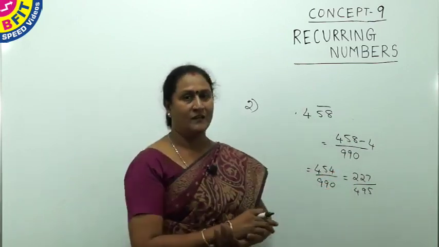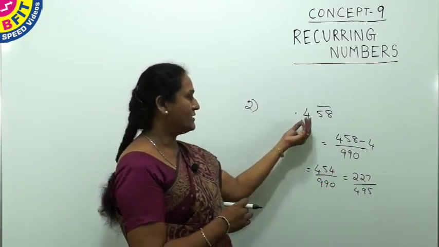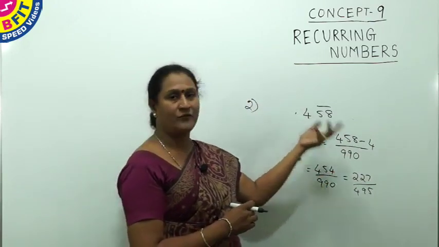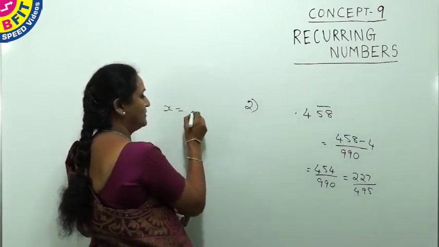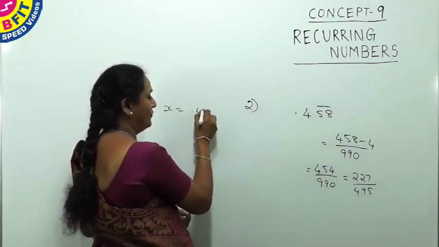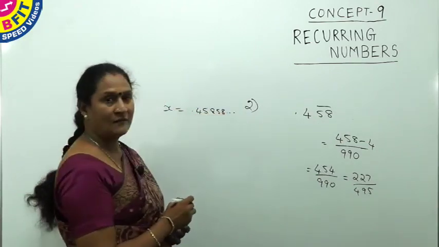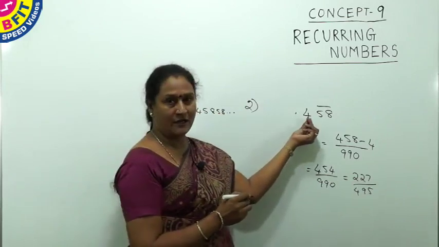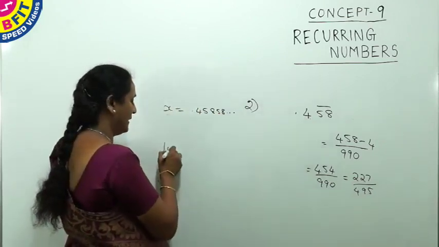This value is got by the working of taking x as 0.458 recurring. As we have one non-recurring number, multiply this with 10.